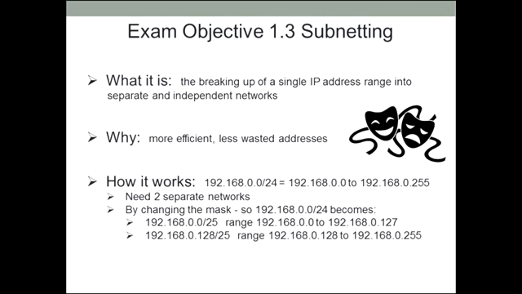So now let's talk about subnetting. So what is subnetting? That's the breaking up of a single IP address range into separate and independent networks. And why do you want to do that? Well, because it's more efficient and there's less wasted addresses.